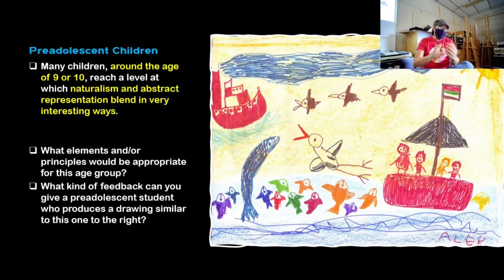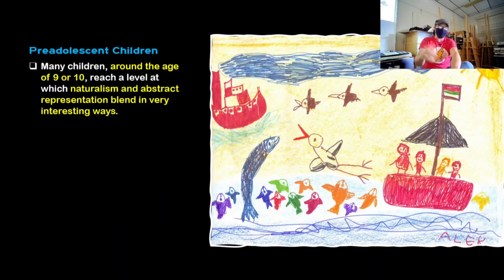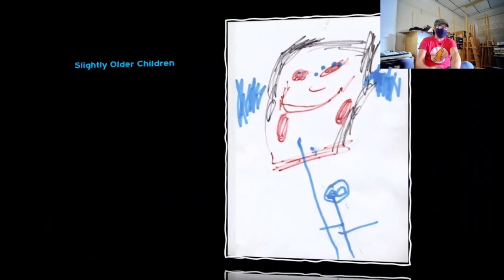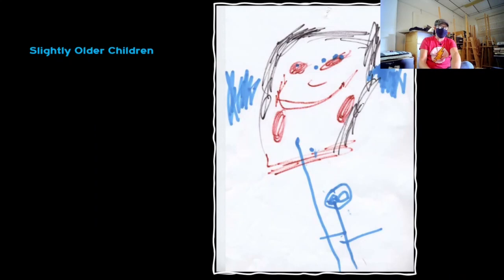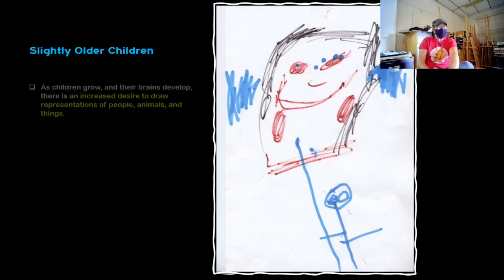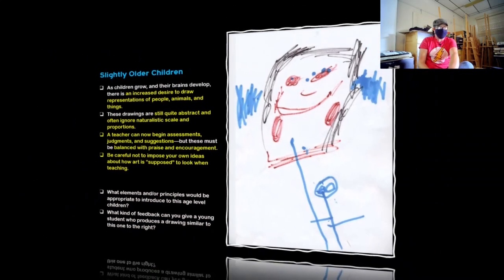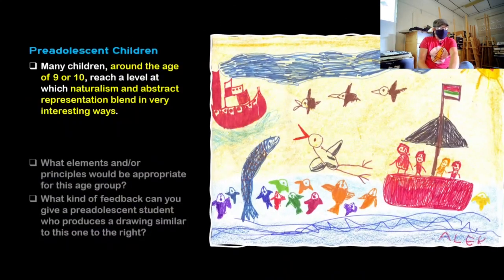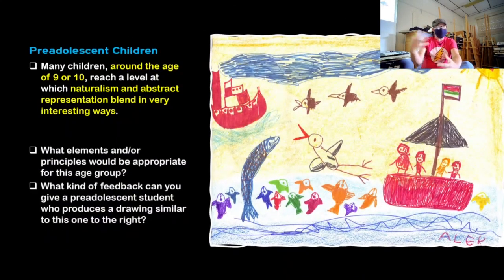There's a little more concern with proper scale and proportions, versus what we were talking about with the children just a little younger than this, for whom scale means nothing. Or if it does, oftentimes the scale will be a matter of what they see as being most important. In this case, scale starts to be a thing.